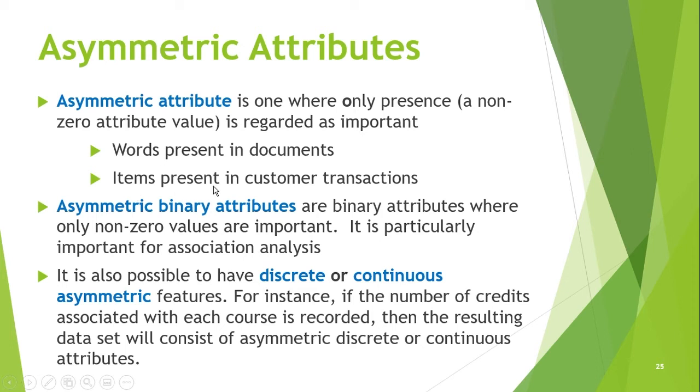Mga items present in customer transactions. Isang example din pala nito, halimbawa, yung example natin sa book, yung students na enrolled sa specific course. Halimbawa, lahat ng UDM students enrolled in IT.